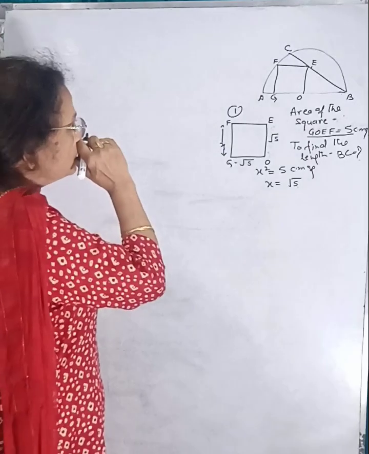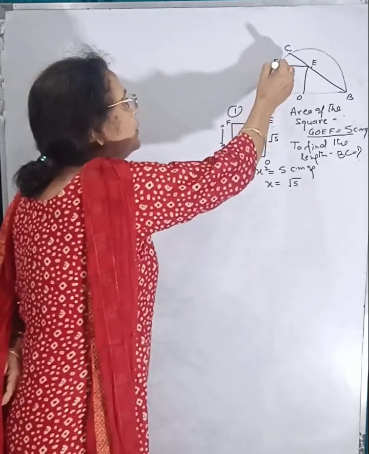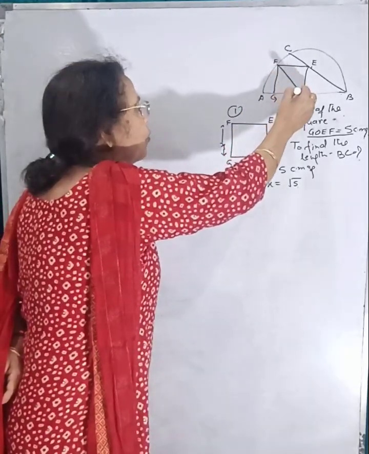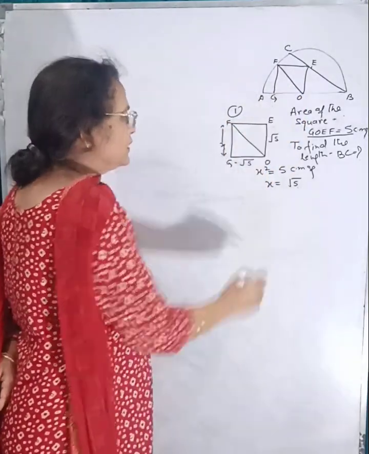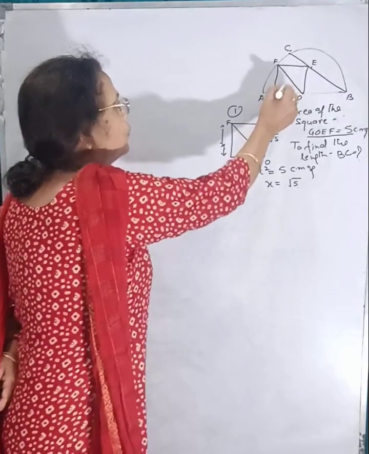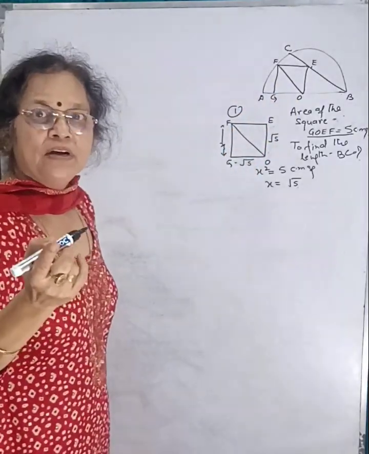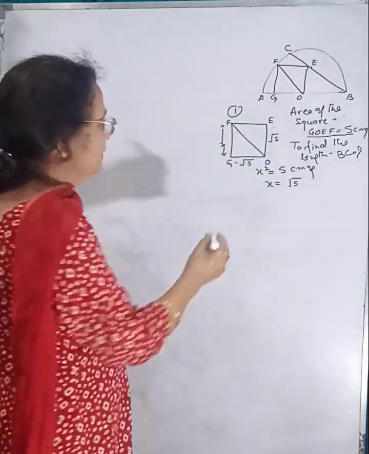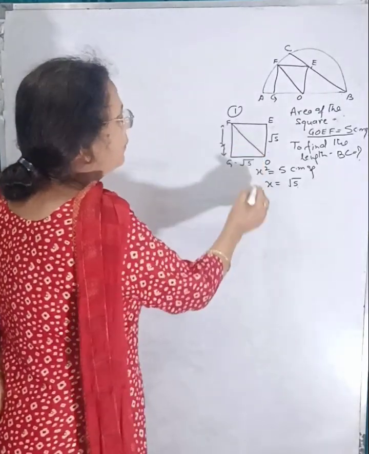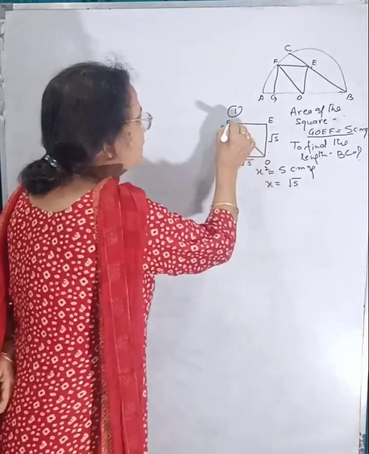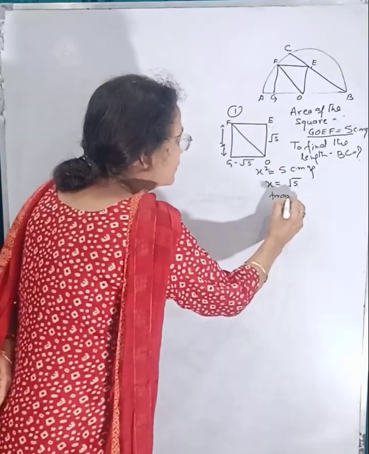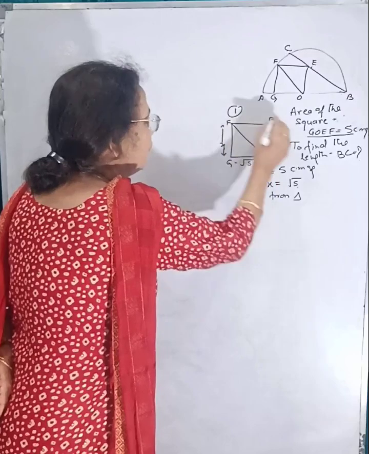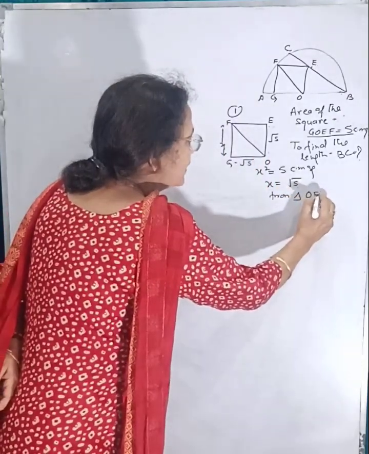Now, if we join FO, because O is the center point, OF will be the radius of the circle. This can be obtained from triangle OFE.